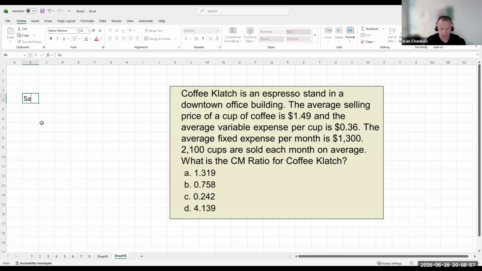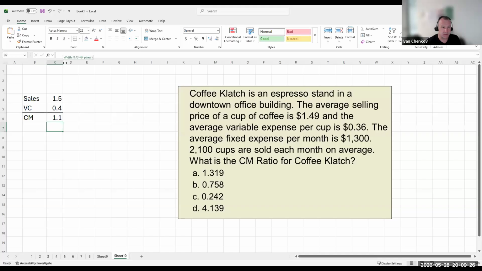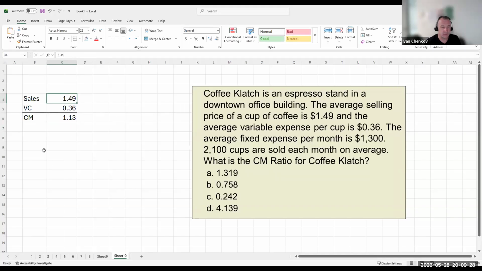We know my sales price per coffee is 1.49. I also know that my variable cost is 0.36. That's going to help me to calculate my contribution margin, which is going to be equal to sales price minus variable cost. So now let's expand those cells a little bit so we can see the entire cost structure.